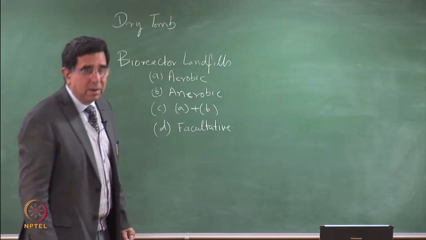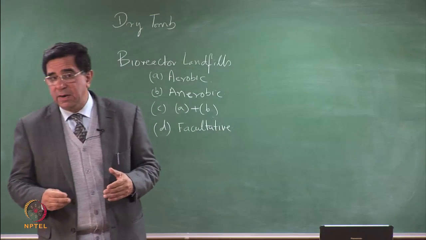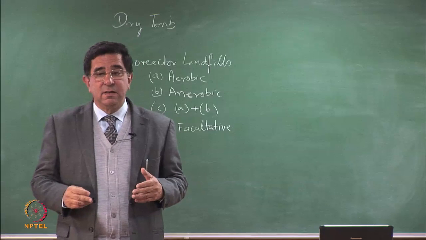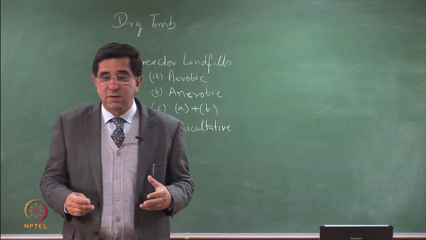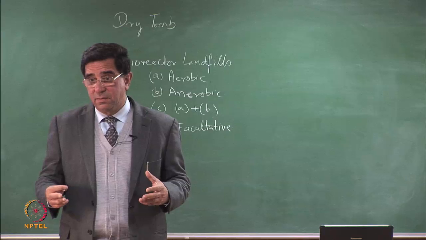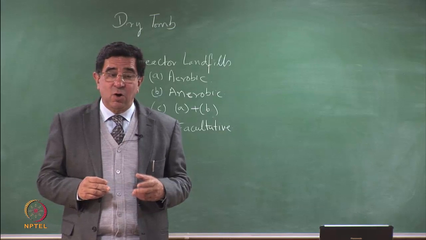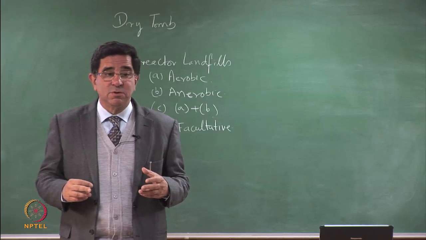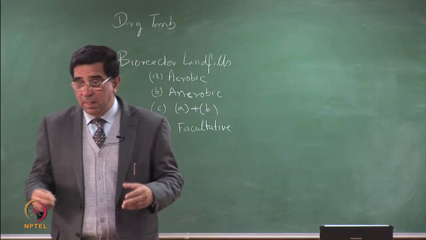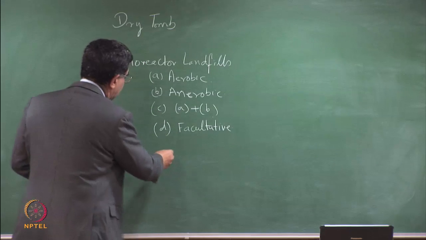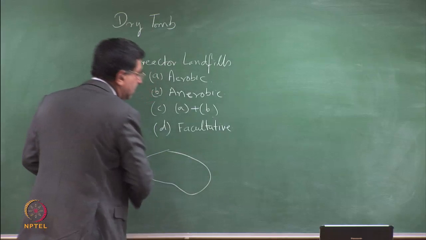So you have to remember that the basic concept of a bioreactor landfill is that the waste which is coming in has got significant biodegradables. What we are saying is that all the biodegradables should go to a composting plant or a biomethanization plant. So let us compare. This is a bioreactor landfill, right?